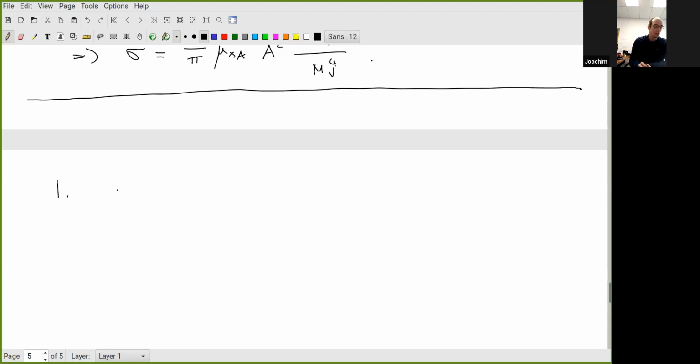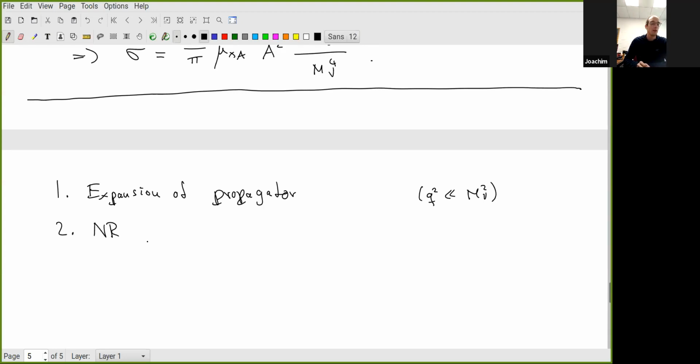First of all, we did an expansion of the propagator. We could do this because Q squared was much smaller than the mass of the mediator. The next approximation is we took the non-relativistic limit of the dark matter current, or dark matter interaction.